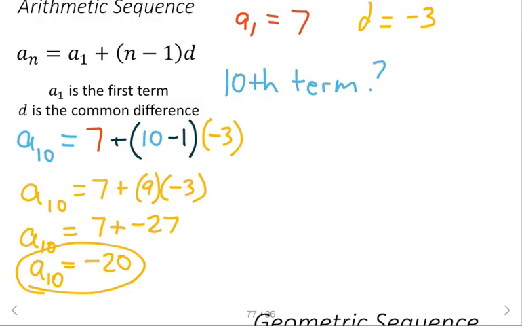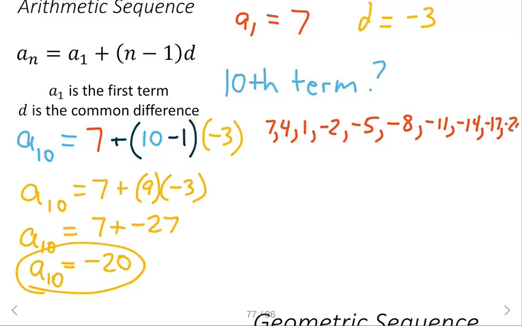We've got 7 as our first term, and then we're going to add negative 3, or you could think of it as subtracting 3. So our second term would be 4, third term would be 1, then -2, then -5, then -8, then -11, -14, -17, and finally -20.